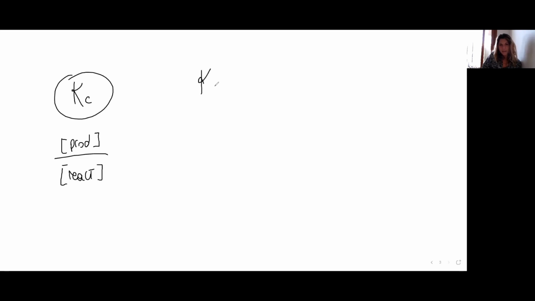If the Kc is bigger than 1, this means that the number at the top is bigger than the number at the bottom. So this tells us that there is a greater concentration of the products compared to the reactants. This tells us about the position of the equilibrium. In this case, the equilibrium will lie towards the products, so on the right-hand side.